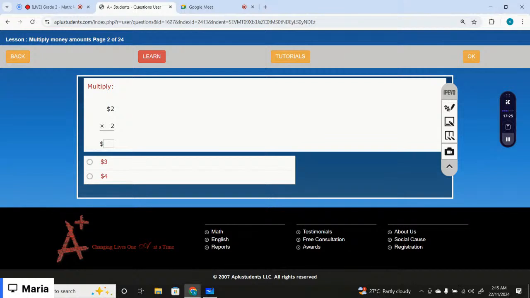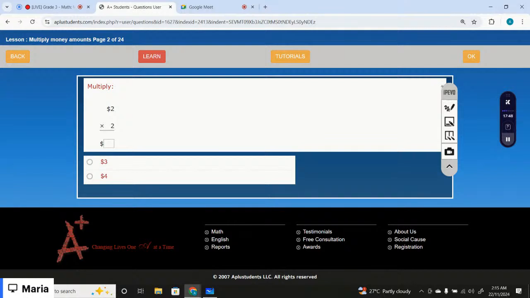2 times 2, which is the correct option? The correct option is 4.